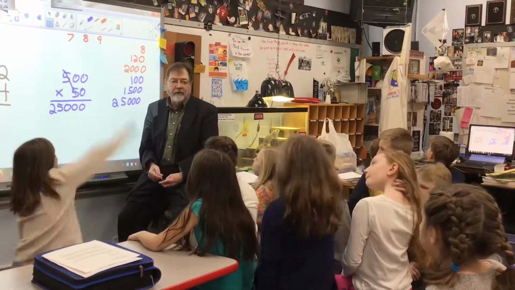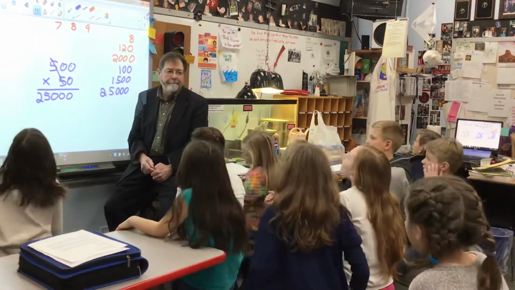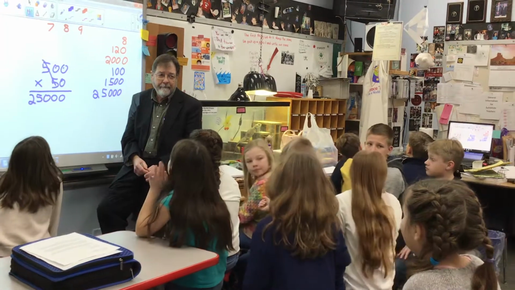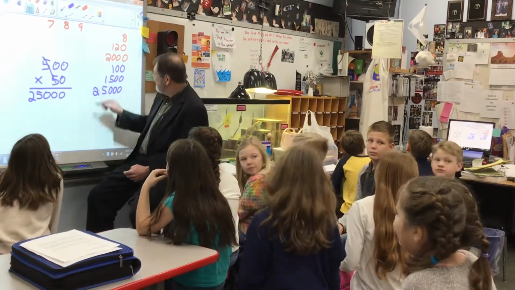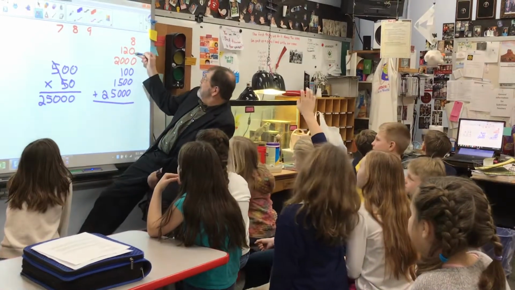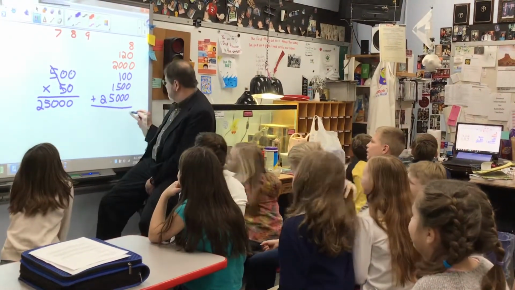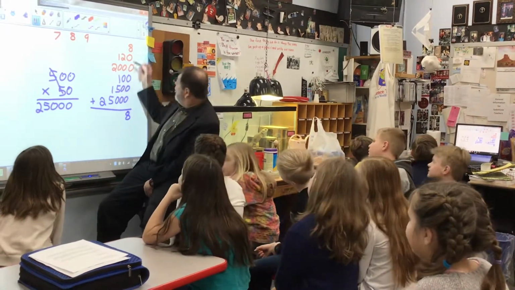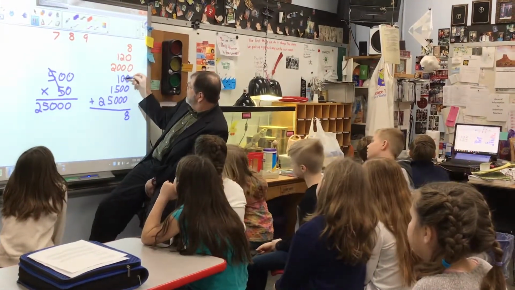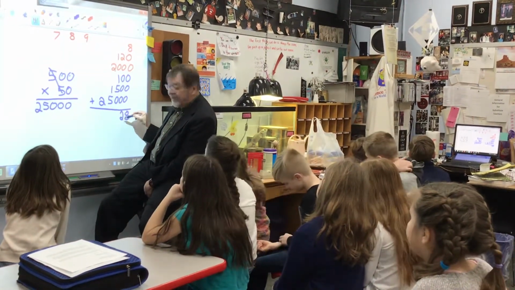Now what do I have to do in order to get an answer? What should I do? Caitlin: You have to add it all up. Every single thing. All right, let's try it. Okay, 8 plus nothing plus nothing plus nothing plus nothing plus nothing equals? 8. 2 plus nothing plus nothing plus nothing plus nothing? 2. Tens.